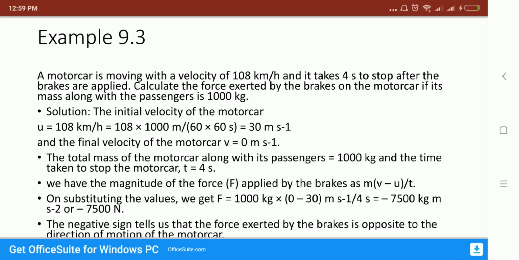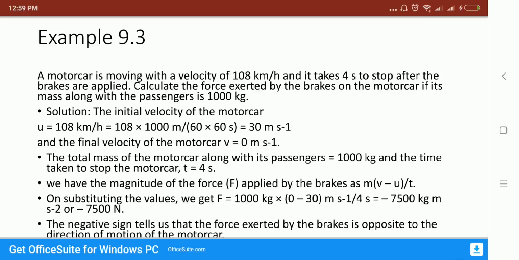So here initial velocity is given, that the motor car is right now moving at 108 km per hour, and then brakes are applied. So reverse force is applied to stop that particular motor car. It means final velocity is 0 meter per second.